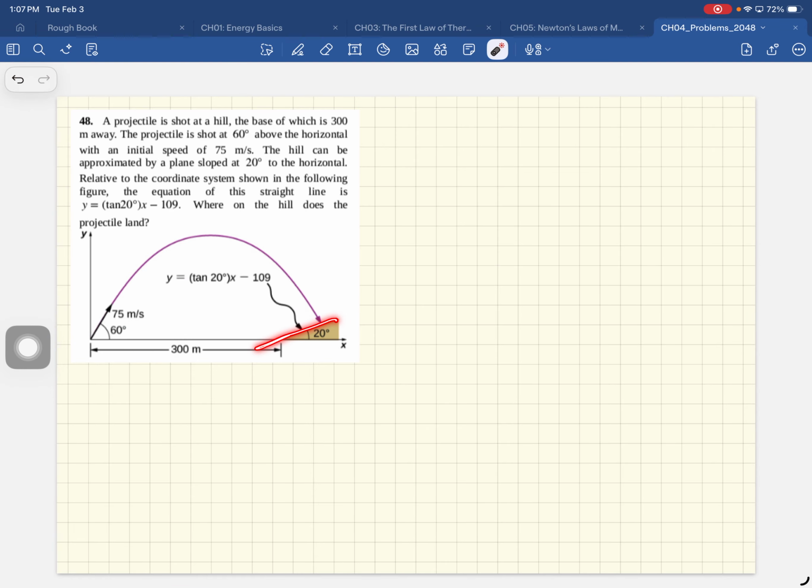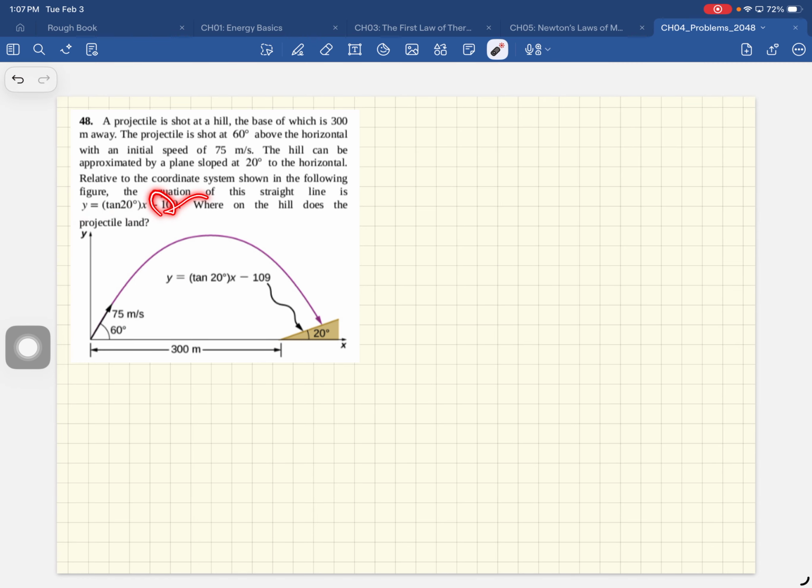The hill can be approximated by a plane sloped at 20 degrees relative to the coordinate system shown. The equation of this straight line is, see, tan 20 is the slope of that line. Okay, so they have given you the equation of the straight line in slope-intercept form, y equal to mx plus b.